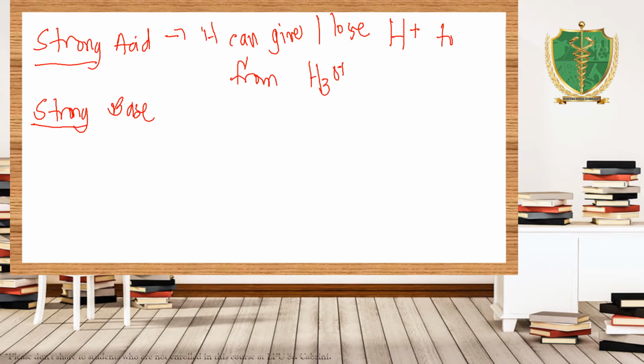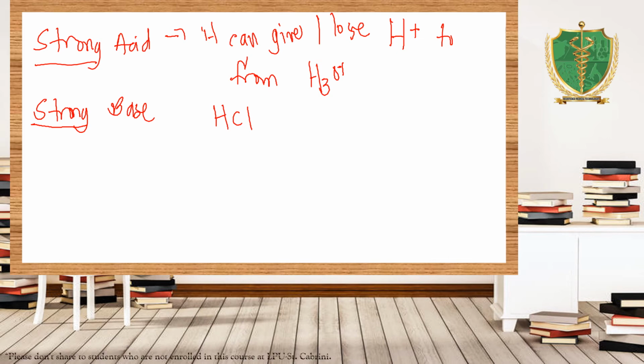In other words, kapag lahat ng hydrogen na meron si acid ay kaya niyang ibigay, then siya ay isang example of a strong acid. To give you an example of an acid which can give almost completely its hydrogen ion to form hydronium ion, the best example for that is our hydrochloric acid.